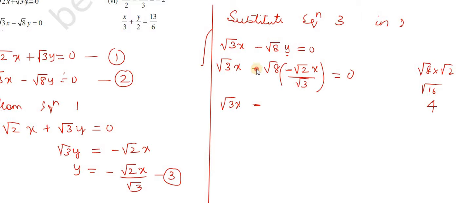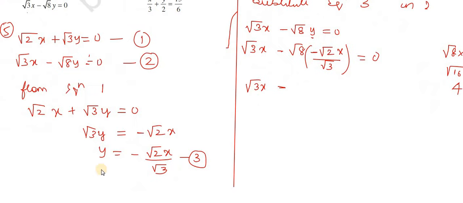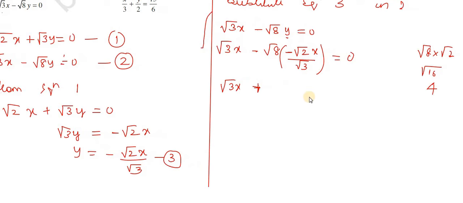Here minus into minus is plus, so we get square root of 3x plus 4x divided by square root of 3, which is equal to 0.